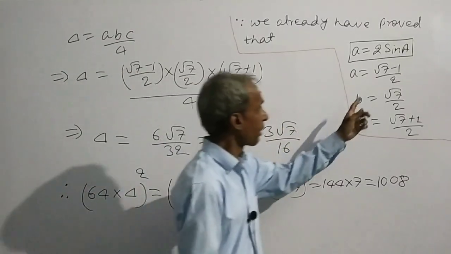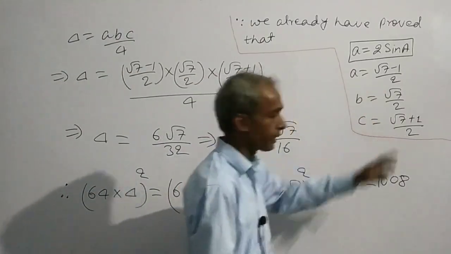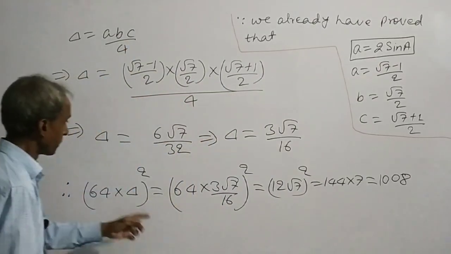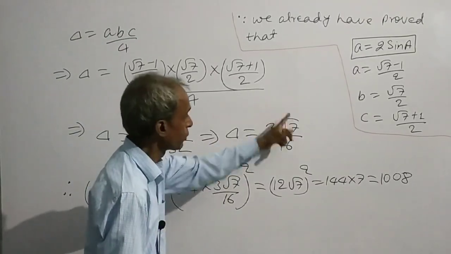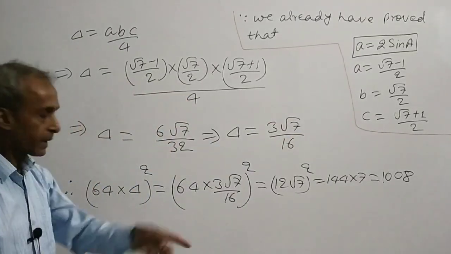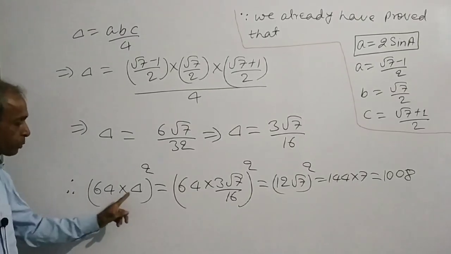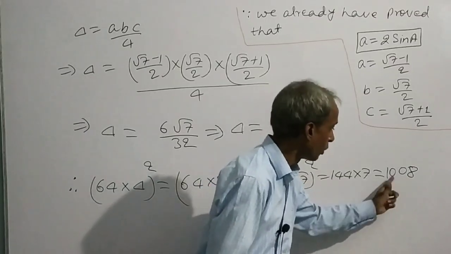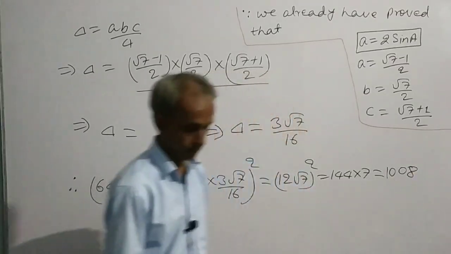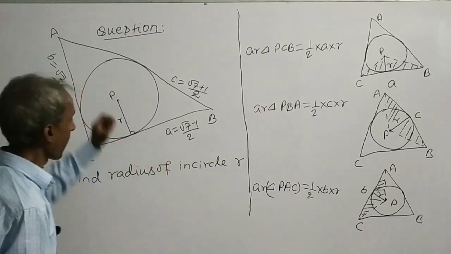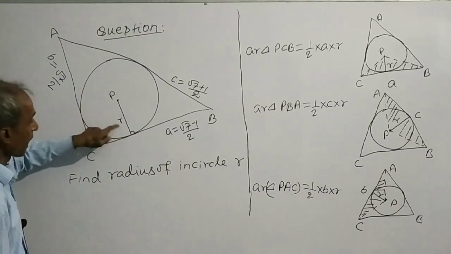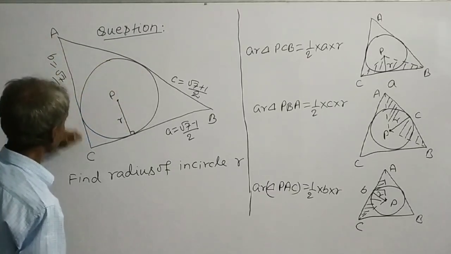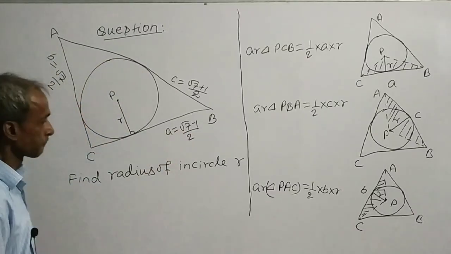We already have found the value of a, b and c. Putting these values in place of abc, we get delta is equal to 3 root 7 by 16. Now we can easily find the value of 64 times delta square, and we get its value 1008. Now we have to find the radius r of the incircle of this triangle ABC.